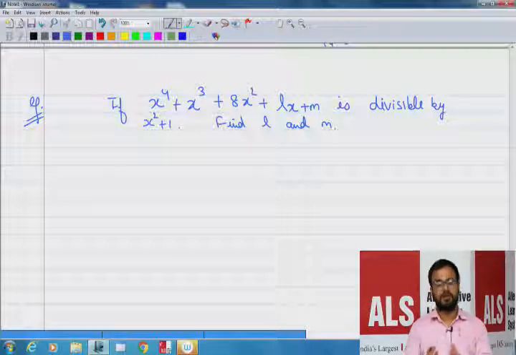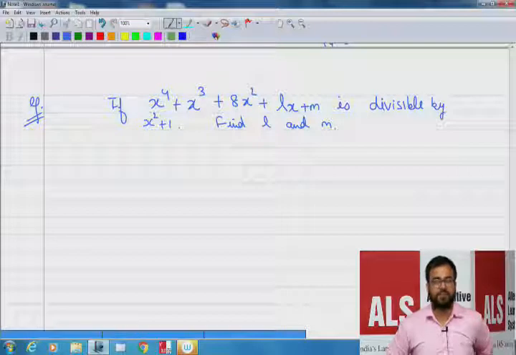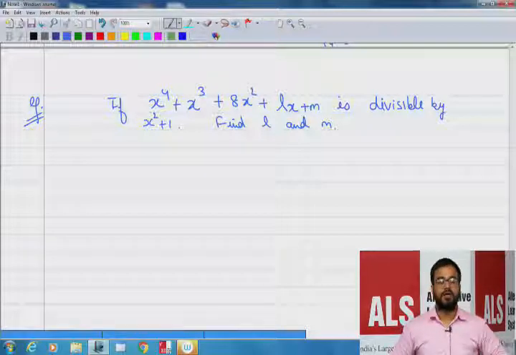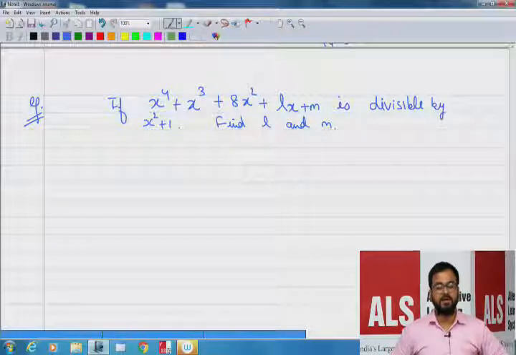That is the meaning of divisible. Then you have to figure out the values for l and m. So what should be the values of l and m if that is completely divisible by x square plus 1?